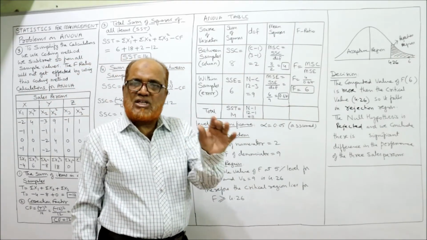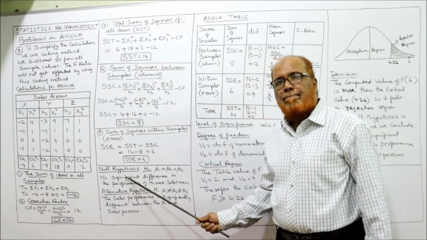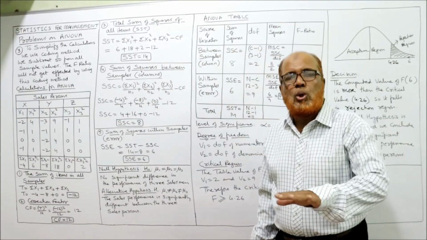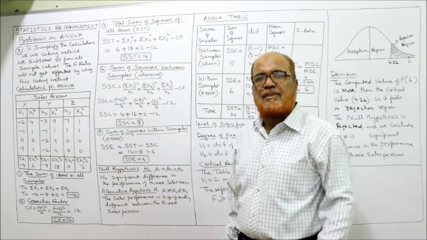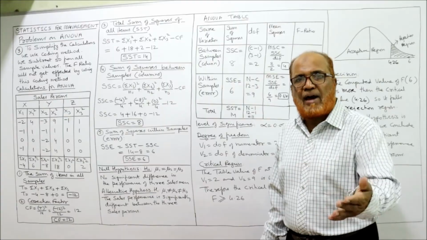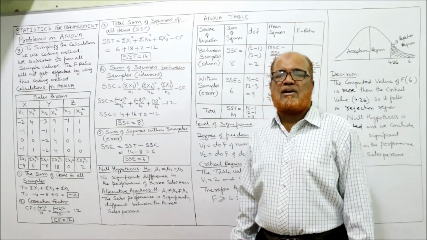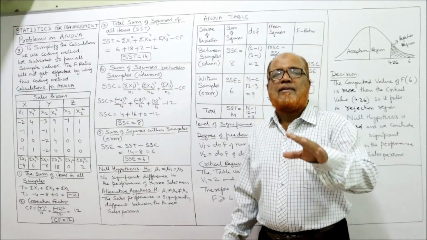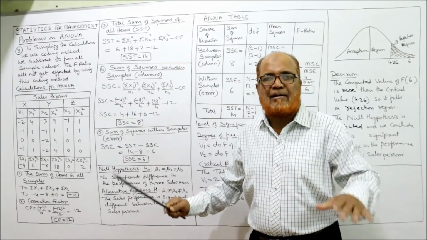When it falls in the rejection region, the null hypothesis is rejected. What null hypothesis? No significant difference in the performance of the three salespersons. That we have rejected. So what have we accepted? The alternative. In the alternative hypothesis, we specified that the performance of the three salesmen is significantly different.